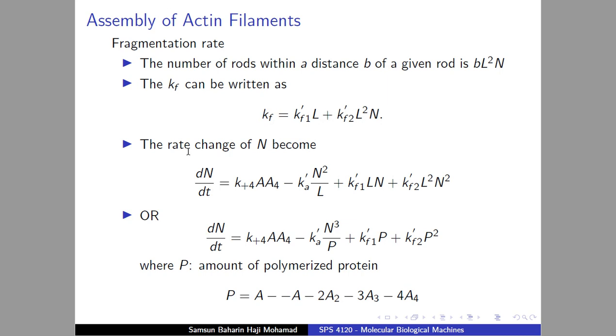The rate of change of n becomes dn/dt, the number of elements.